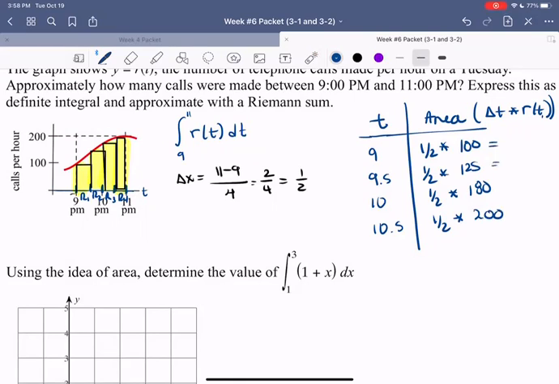So then we can compute each of those areas. So 1/2 times 100 would be 50. 1/2 times 125 would be 62.5. 1/2 of 180 would be 90. 1/2 of 200 is 100. So we can go ahead and add all of these up.